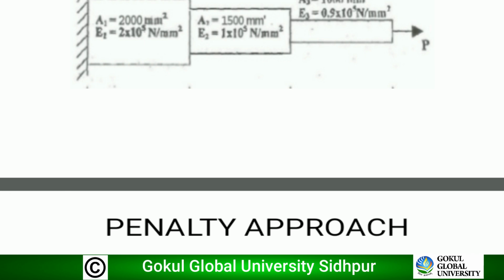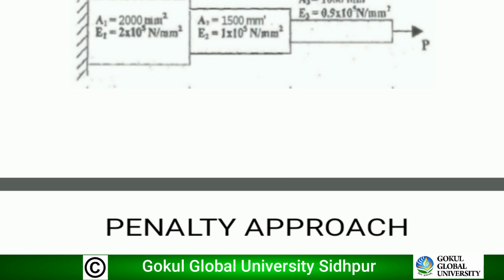You can take it as a point value, not a round figure value, and not any minus value. It is the largest positive number in the global stiffness matrix, multiplied by 10⁴ in the applications.